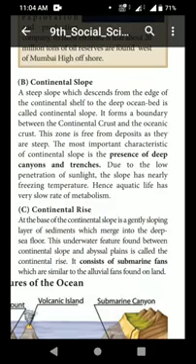This zone is free from deposits as it is steep. The most important characteristic of the continental slope is the presence of deep canyons and trenches. Due to the low penetration of sunlight, the slope has nearly freezing temperature. Hence, aquatic life has a very slow rate of metabolism.